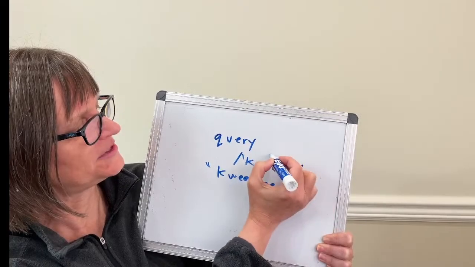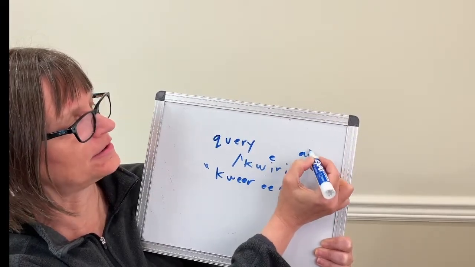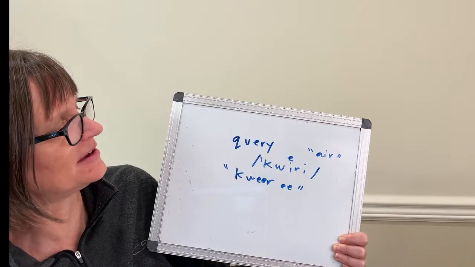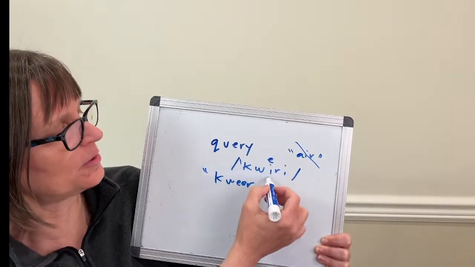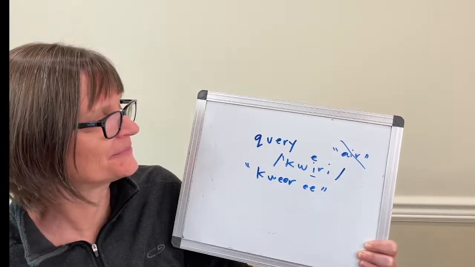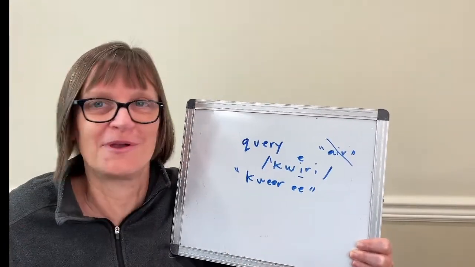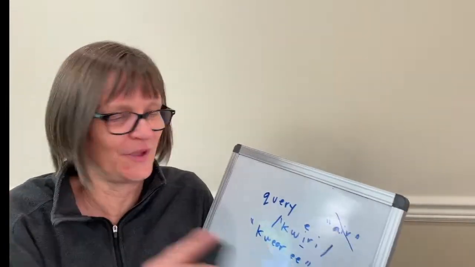You may also be able to say it with more of an air sound on that one. Did you have a query about it? I would say going with "query" is probably correct. I hope I've answered your query about that. Okay, very nice. Thank you.